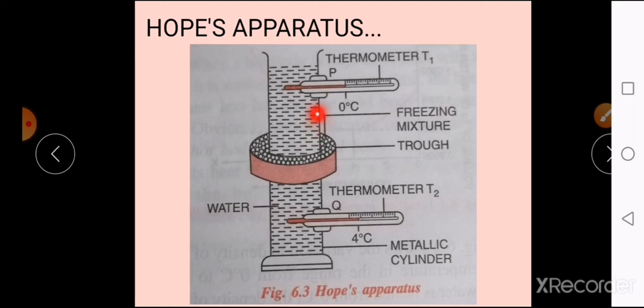That is why your thermometer T1 reading will come lower, and finally it will reach a reading of 0 degrees Celsius, right? And hence finally your T2 temperature will be at 4 degrees Celsius, and your thermometer T1 will show 0 degrees Celsius.